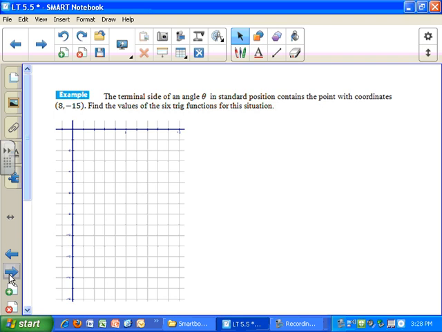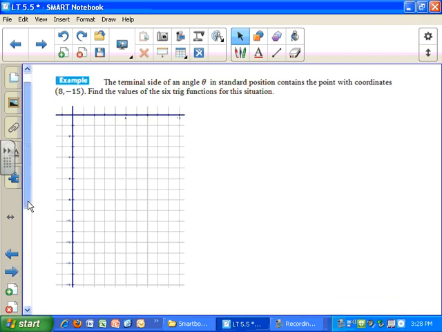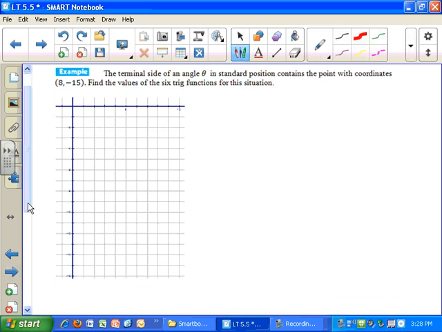On the next page, we know that the terminal side of an angle theta in standard position contains the point with coordinates 8, negative 15. So I know it's going to be right 8 and down 15. 2, 4, 6.